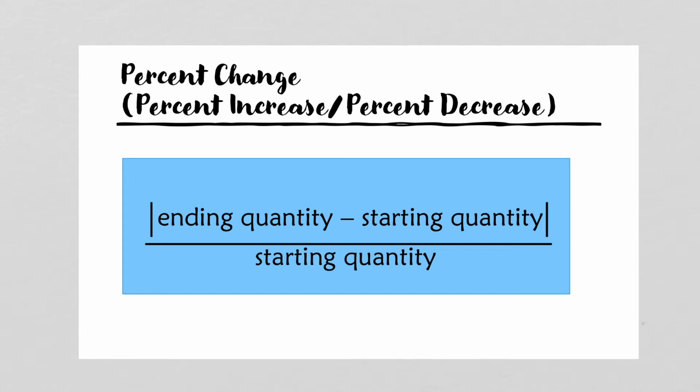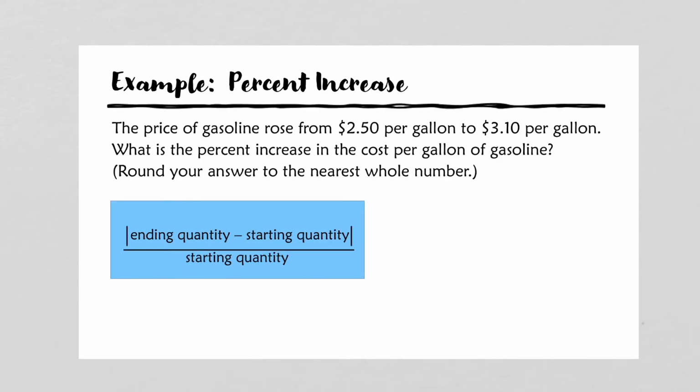We'll go back to the example we started out with concerning the gas prices. Namely, we looked at the price of gasoline rising from $2.50 per gallon to $3.10 per gallon, and we were asked to calculate the percent increase. We can think of percent increase as a percent change.